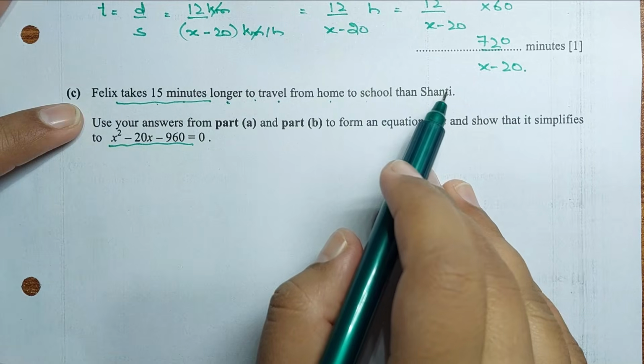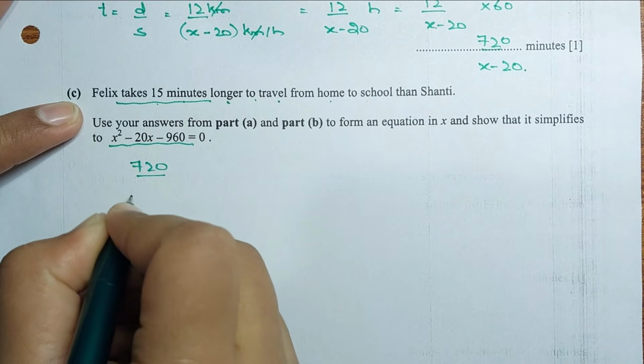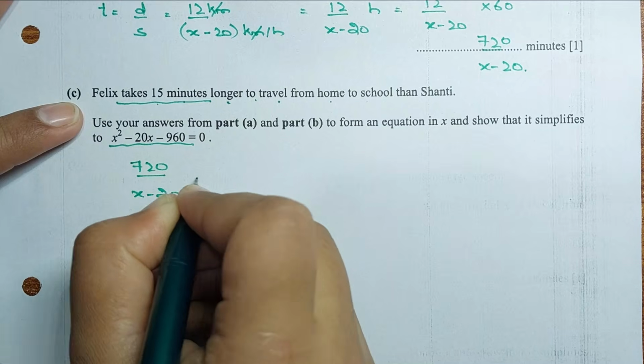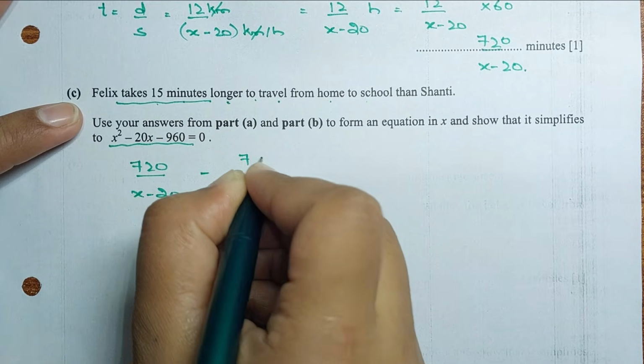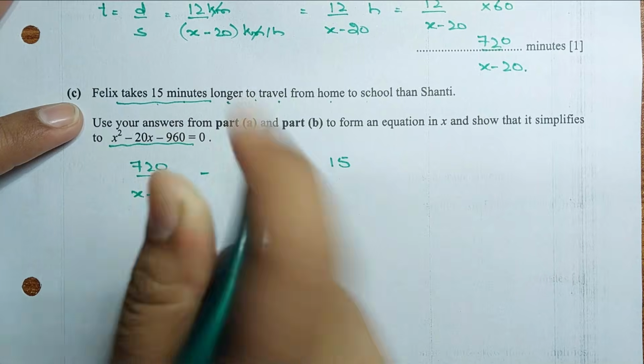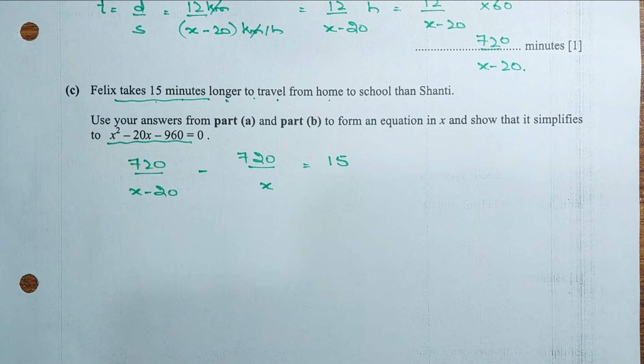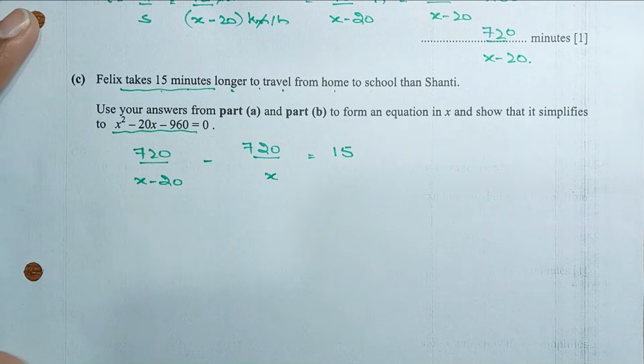Felix takes 15 minutes longer than Shanti. So there's a difference. Felix's time is this, subtract Shanti's time, which is this, and this should be 15 minutes. So he takes 15 minutes longer. Shanti arrives 15 minutes earlier, and Felix arrives 15 minutes after Shanti, right? Okay, so that's the equation.